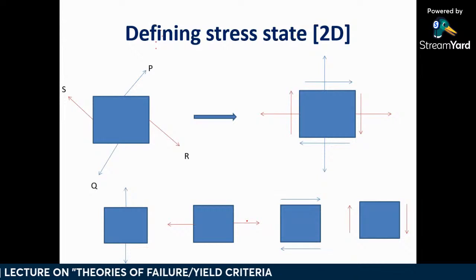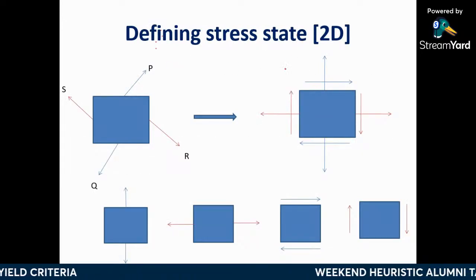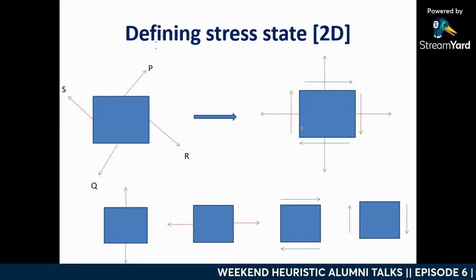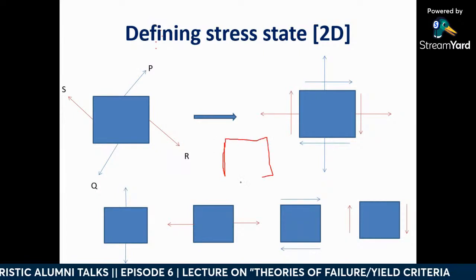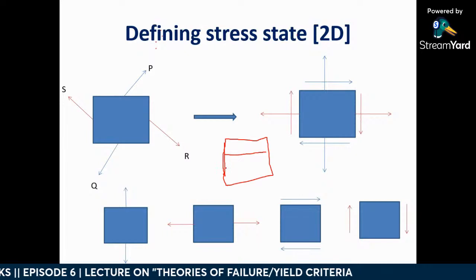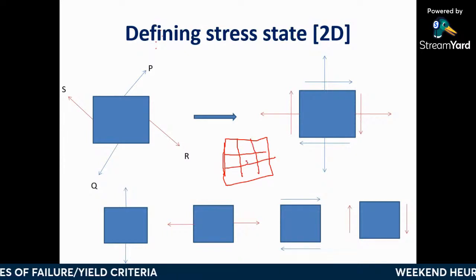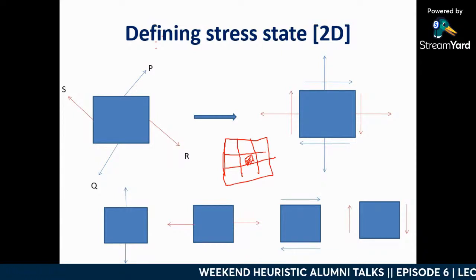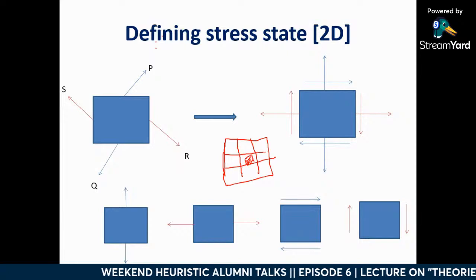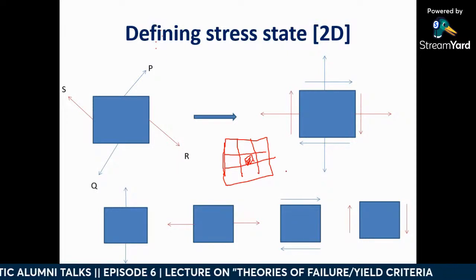You need to define the stress. What is the meaning of defining the stress state? Let's take one easy illustration. You have one almirah, which is obviously divided into rows and columns. Here I have placed one object. If you want to convey where the object is located, how will you convey it to another person?